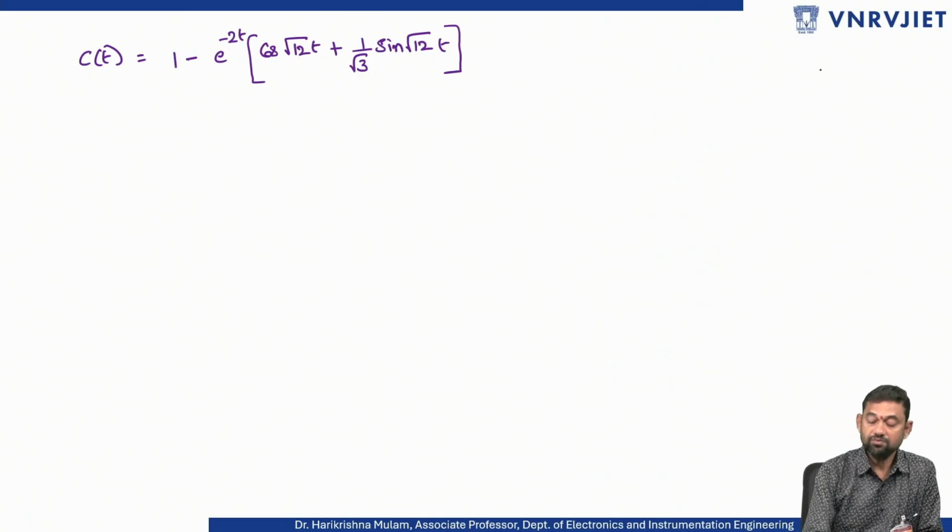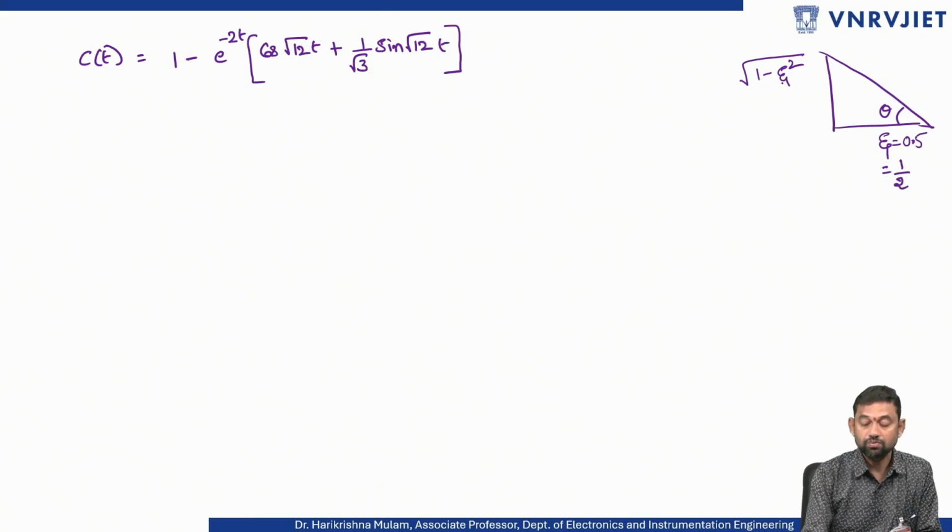So before proceeding further, let us consider this right angle triangle with an angle theta. We know that opposite side is square root of 1 minus zeta square, adjacent side is zeta, and in this problem zeta is 0.5. I would like to write it as 1 by 2. And if zeta is 1 by 2, you will get square root of 1 minus zeta square as root 3 by 2.